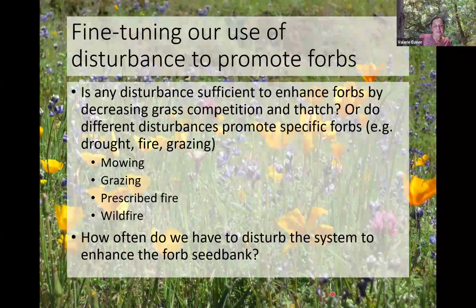Do certain disturbances help species that respond to fire, and other kinds of disturbances help species that respond to drought? Or is it all good? We don't know yet. So we're doing a lot of active work on that and looking at different types of management practices that are common in grasslands to think about how we can manage for that increased seed bank.